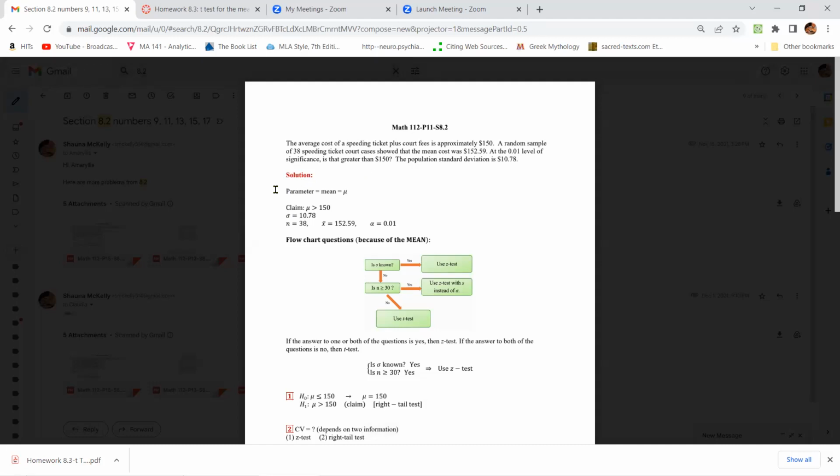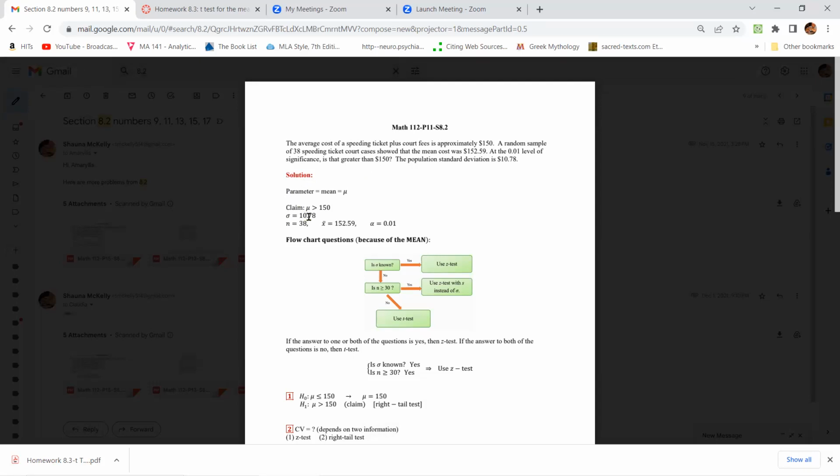What are we analyzing? We're analyzing the parameter, which is the population mean, which is mu. It says at the 0.01 level, is the mean greater than 150? Okay. Yes, it is. The claim here is mu is greater than 150.